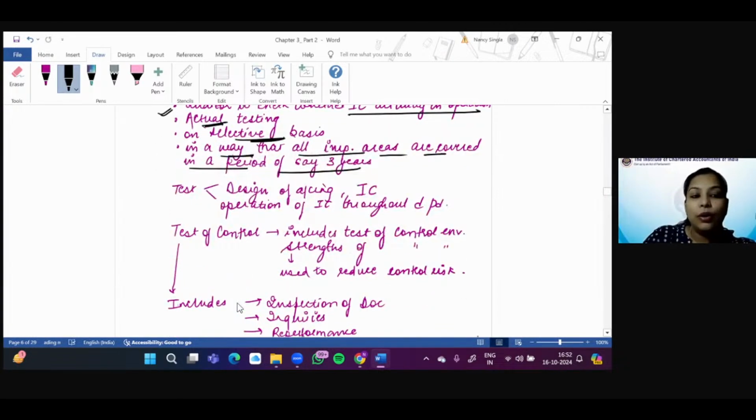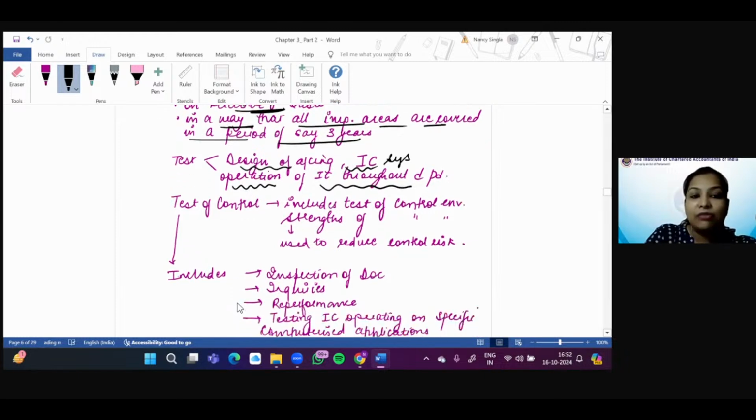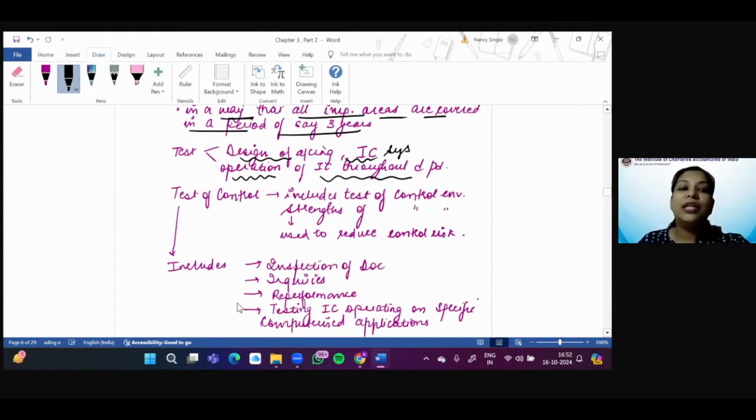Now, when he's actually testing, he'll test the design of the accounting system and the internal control system and whether the same is in operation throughout the period. And see, when the auditor is testing the internal control, he'll also see whether the control environment has the strength to reduce the control risk.